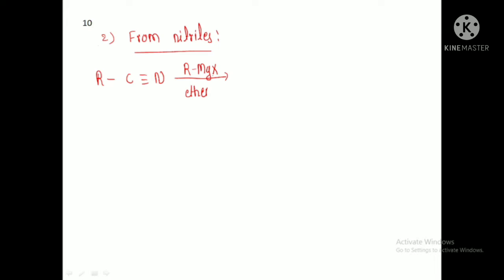Nitriles react with Grignard reagent, RMgX, in the presence of ether. Here R will receive negative charge and MgX will receive positive charge. So what will happen? R will attack this carbon atom and the negative charge will move over here.